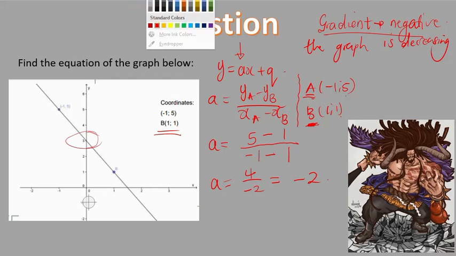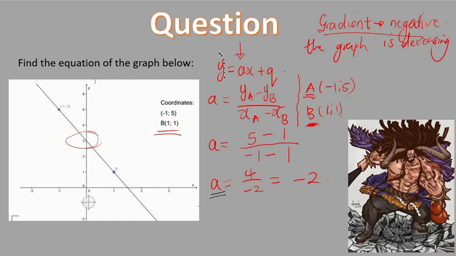So the way forward here is that you want to substitute one coordinate into the half equation. So I have my a. I'm going to substitute my a right here. So y equals ax plus q, I substitute my a. My equation now is y equals -2x plus q.